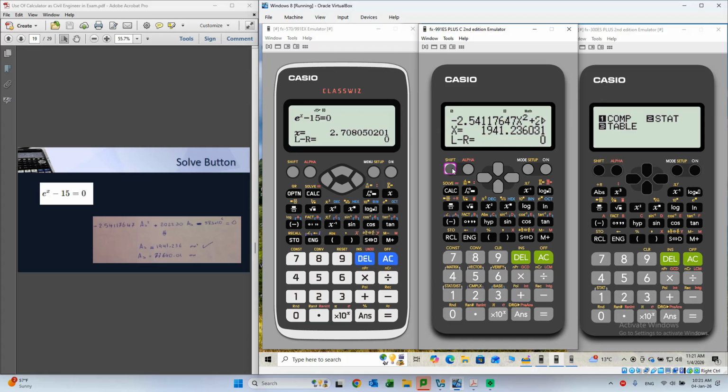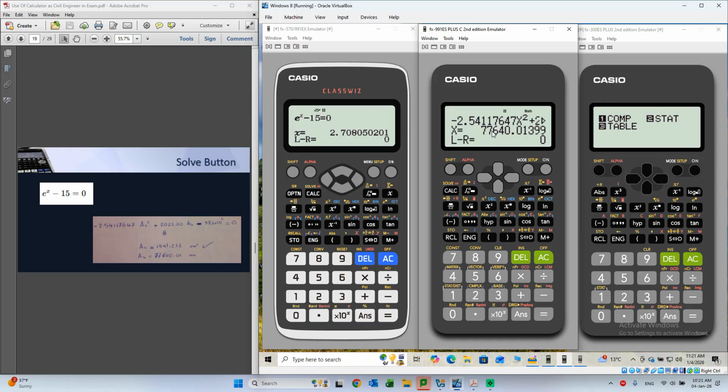But if I type something like 20,000, which is very far from the real number, I'm getting the second answer. Or if I'm going for way bigger numbers, shift solve, maybe this time I'm getting the other answer.